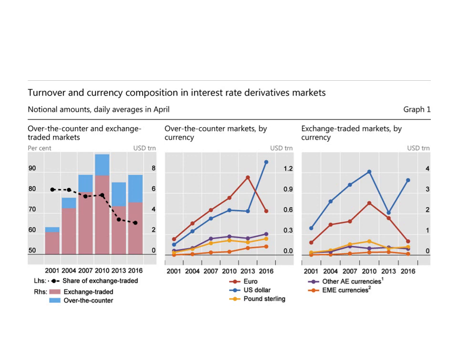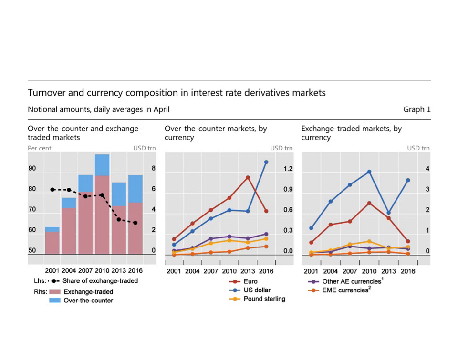Here are some graphics and models related to financial engineering tools. This figure deals with the turnover and currency composition in the interest rate derivatives market. Here we have over-the-counter and exchange traded markets.